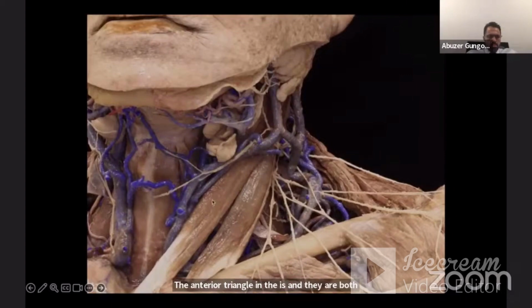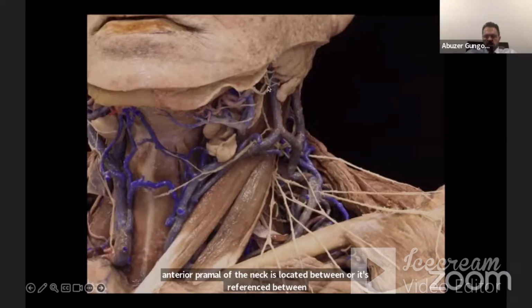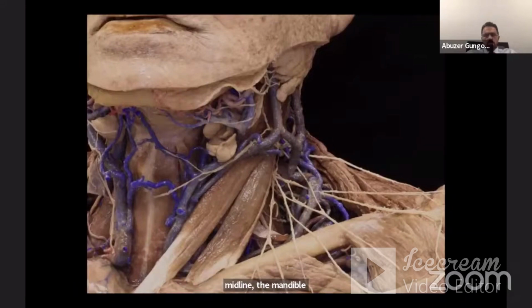The anterior triangle of the neck is located between the midline, the mandible, and the sternocleidomastoid muscle. In this triangle, we have two compartments, the suprahyoid compartment and the infrahyoid compartment. They are both divided by the plane of the hyoid.